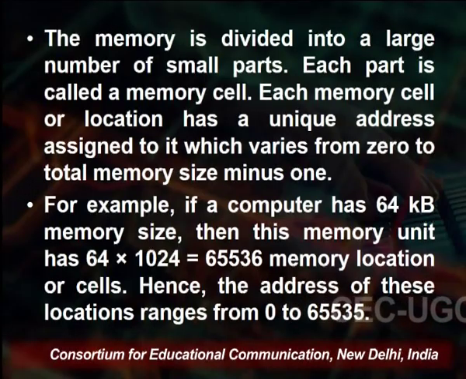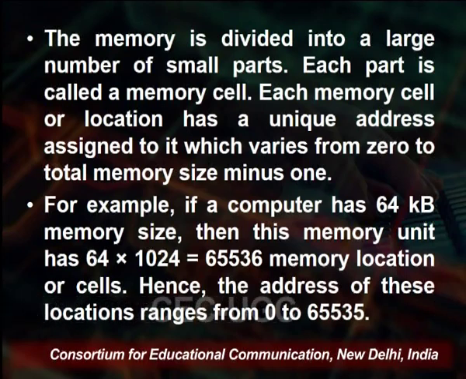So the memory is divided into a large number of small parts, and each part of the memory is called a memory cell. Now each memory cell or location has a unique address assigned to it, which varies from 0 to total memory size minus 1.